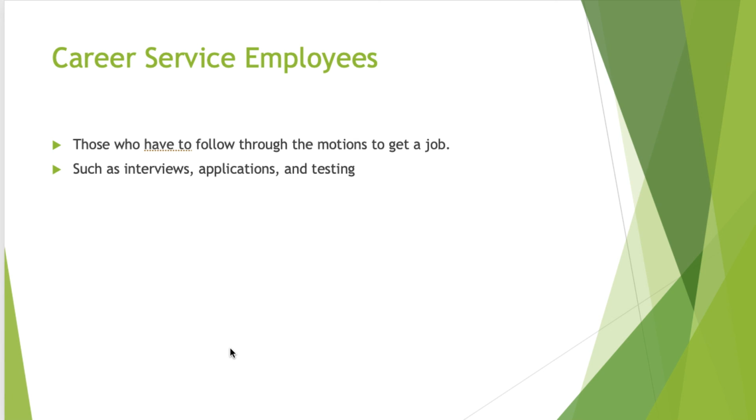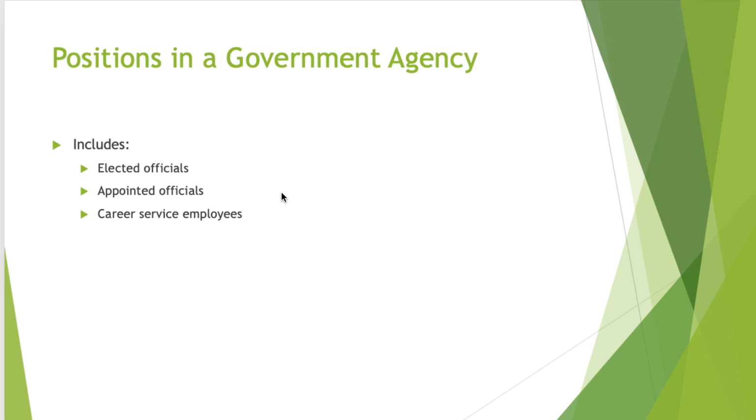They have to follow through the motions, which means they have to go through your standardized tests, your application process, interviews, the same as if you were going to get a normal job. So career service employee is just that umbrella term to say a normal employee who wasn't elected or appointed. And you can think of these positions in government agencies as a hierarchy.